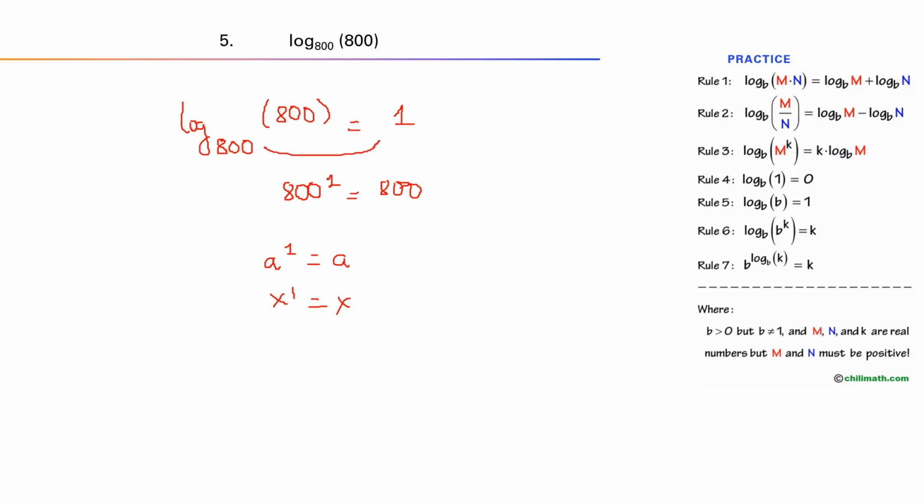That makes sense, right? The base always is at the bottom, the lowest number. Then we raise it to the right of the equal sign and it equals the inside of the log. So we use rule 5. Log base b of b equals 1.